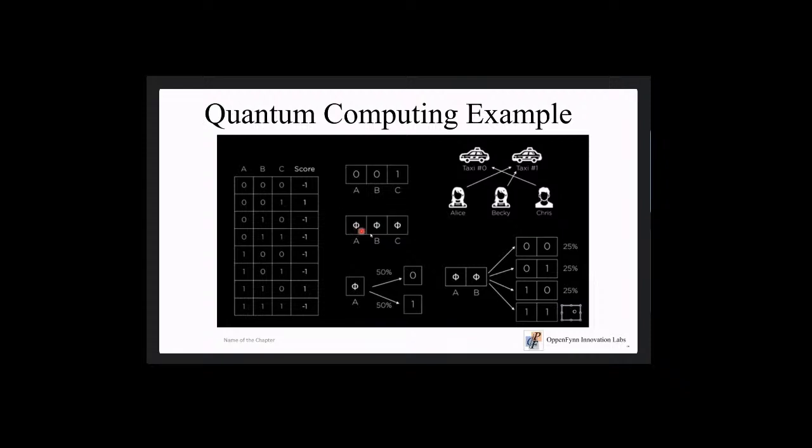So when you have A, B, and C, or 3 qubits for a quantum computer, it doesn't really take on 0 and 1. It takes a linear combination of values of 0 and 1, which is why the 3 bits here have been written as 0 and 1 on top of each other.